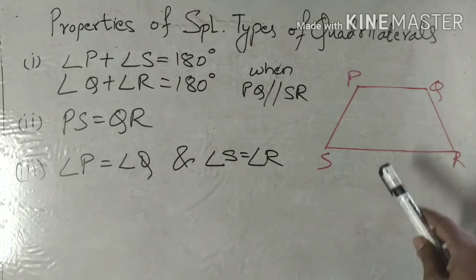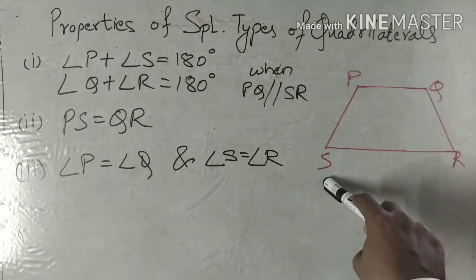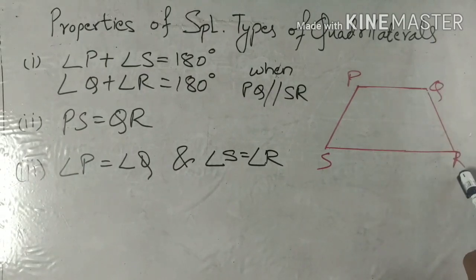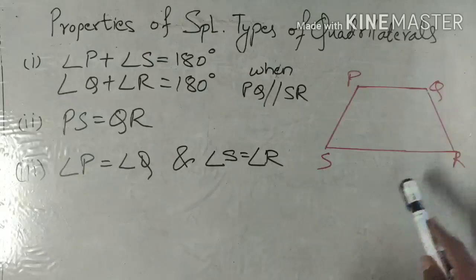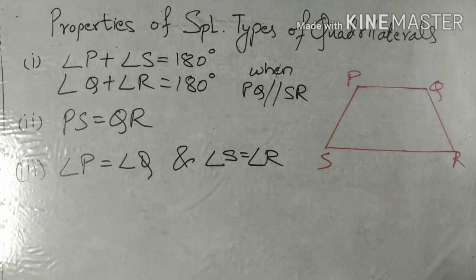If the adjacent angles are supplementary when only one pair of sides are parallel, this will surely be a trapezium.